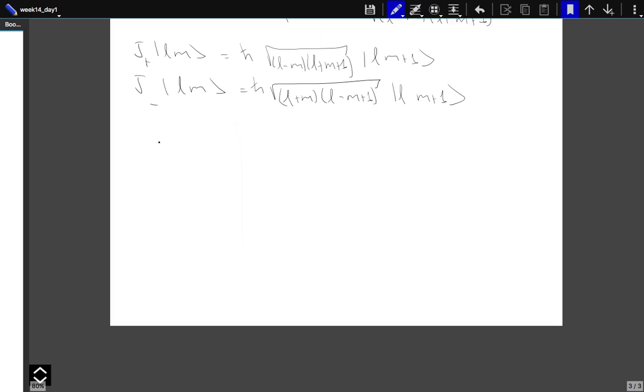Well, let's write the matrix elements, at least let's say for L equal to 1. Let's start with J plus.